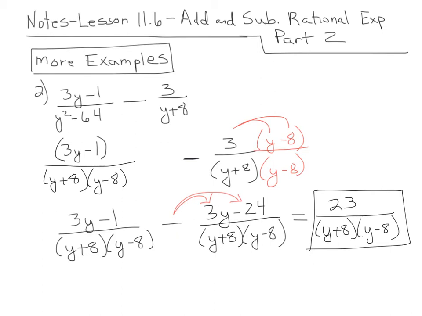Alright, we'll try one more. I saved the easiest for last. So this is example number 3. 3k plus 2 over k minus 3 minus 2k plus 5 over k minus 3.